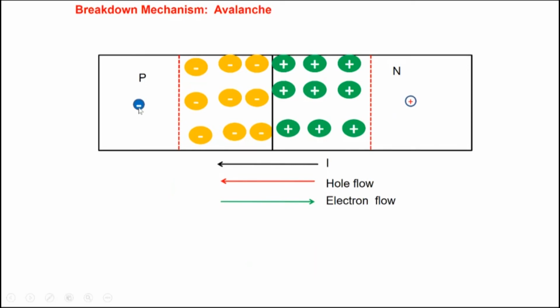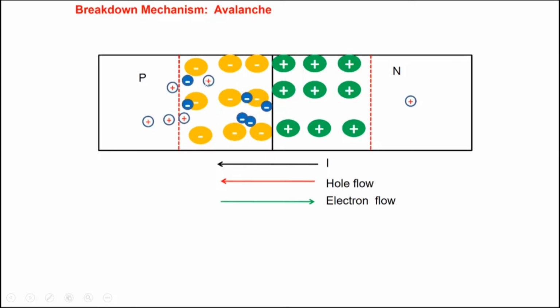So note that in reverse bias condition, the holes are flowing from N to P, and there were very few holes moving from N to P, or electrons were going from P to N, and there were very few electrons. But because of impact ionization, even though one electron entered, you got two electrons, two moved, they cause impact ionization, 4 occur, and these holes move out.